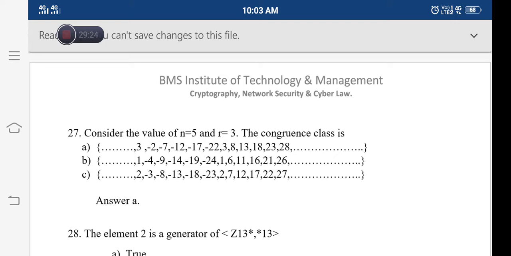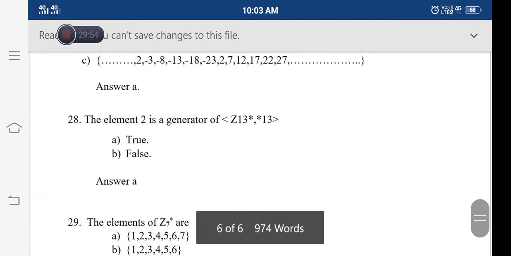So if the quotient is minus 1, I will be getting 5 into minus 1 plus 3, that is minus 5 plus 3, that is minus 2. Like that, 5 into minus 2 is minus 10 plus 3, I will be getting minus 7. So answer is A.